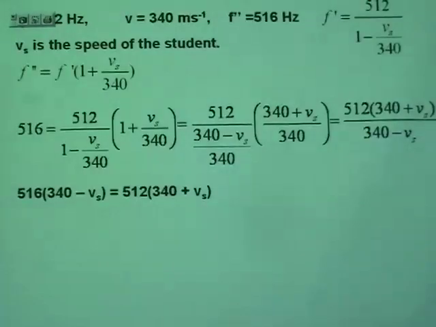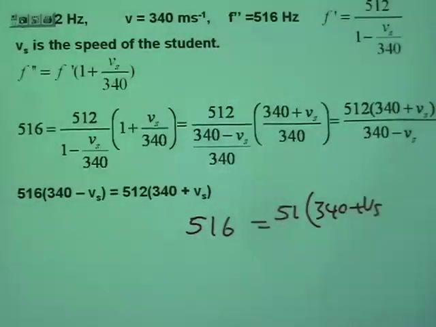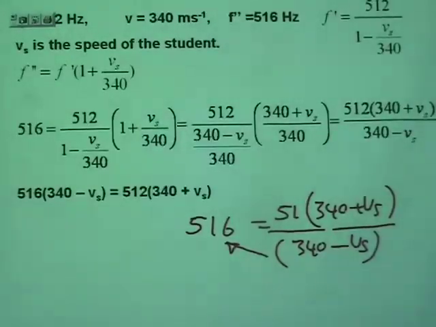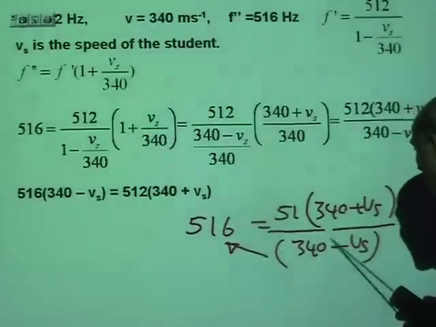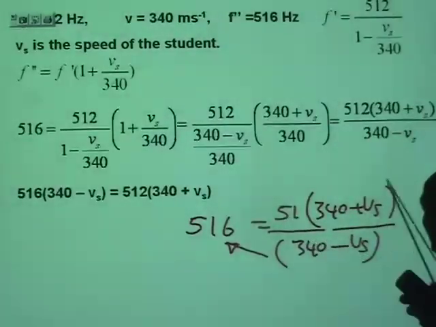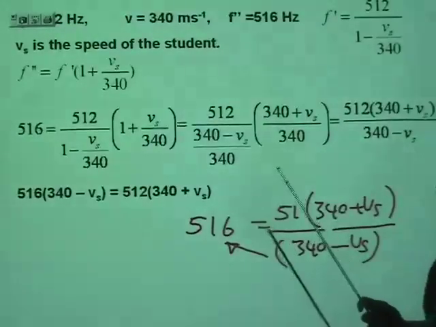You see, this is actually 516 equal to 512 times 340 plus Vs over 340 minus Vs. What I did is just to cross multiply. So this step is 516 times this quantity equal to that quantity.